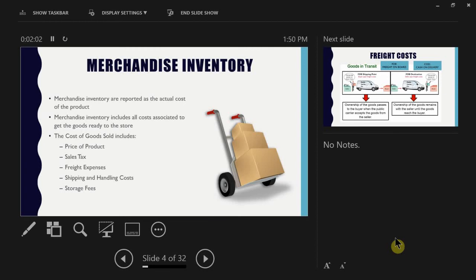Or if you purchase it from foreign countries, right? Most of our goods, right? They're shipped from overseas, right? Anything that gets the inventory to your store is going to be included into the cost of inventory, okay? So again, for this class, we're only focusing on two, right?